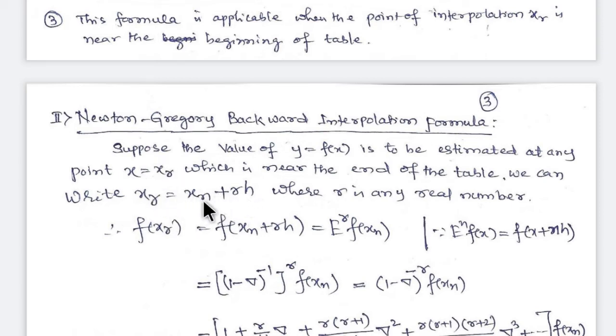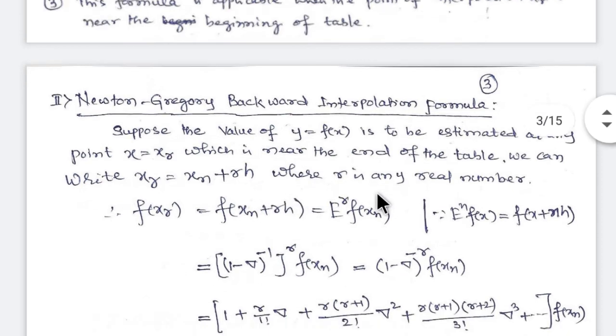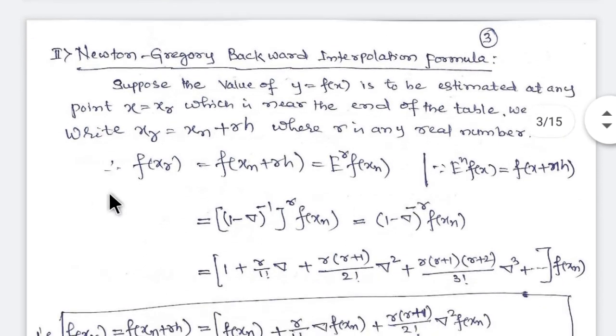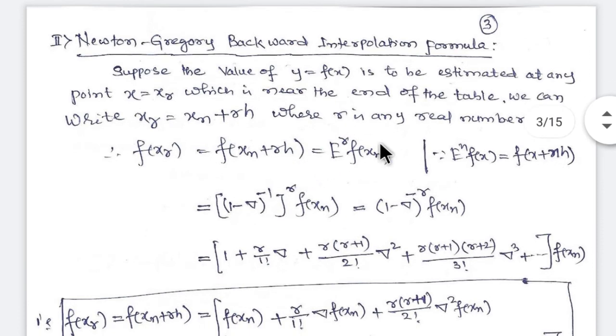Above we have used x0 plus rh, that is the beginning of the table, where r is any real number. So similarly here f of xr can be written as f of xn plus rh. Similarly, as we have done in the forward formula, you can do here also.